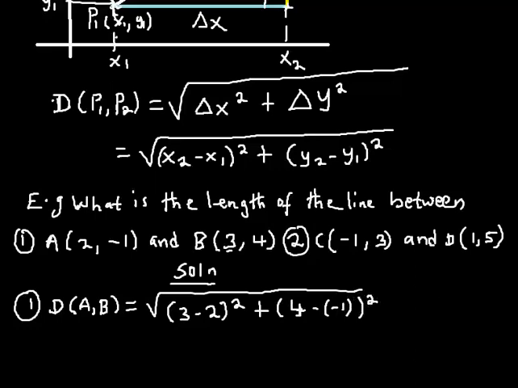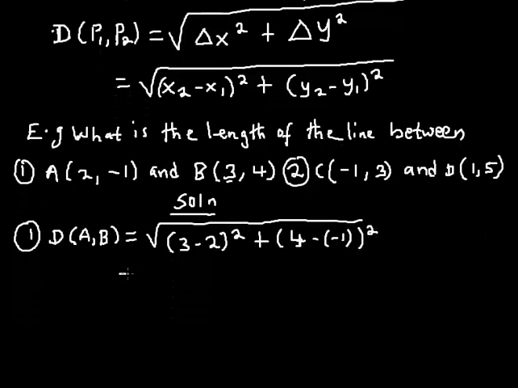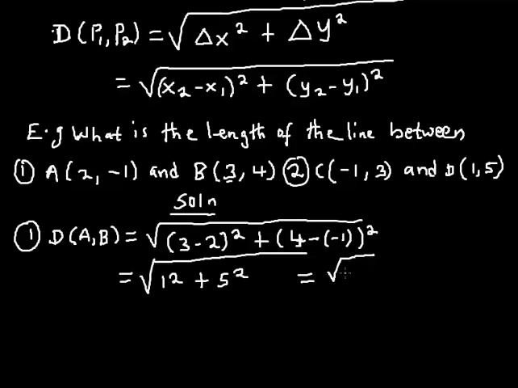I'll square that also, so this is going to be equal to 3 minus 2 is 1, that's going to be 1 squared, then plus 4 minus, of course, minus into minus is plus, that's going to be 4 plus 1. Okay, so 4 plus 1 is 5, so I'm having 5 squared, right? So this is going to be equal to the square root of 1 plus 25, that is 26. Okay, so root 26 is the distance or the length of that line.